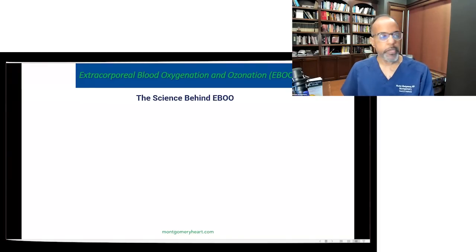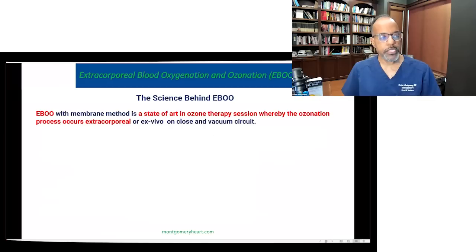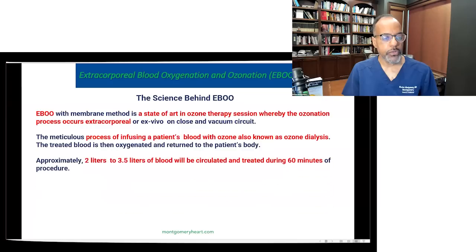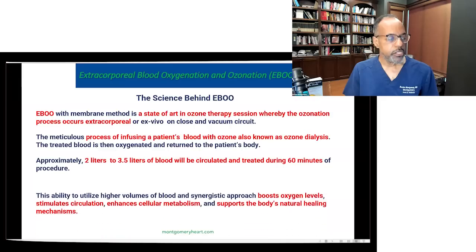Then it's reinfused back into the patient. EBOO does that in a large volume way, sort of a continuous way, and I'll show you some diagrams on how it's done. It's a process of infusion of patient's blood with ozone, also known as ozone dialysis. We can treat about 2 to 3.5 liters of blood in a period of about 60 minutes using ozonation.